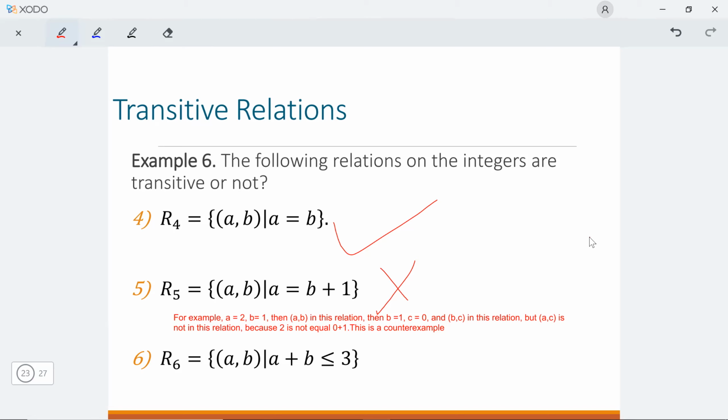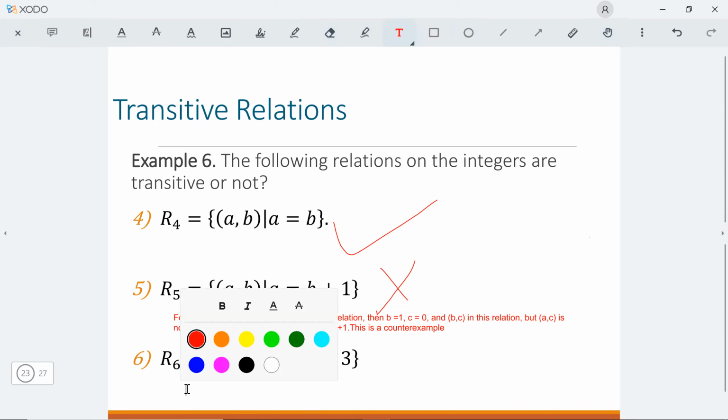And then we also need to find a counterexample. For this one, if we have AB in this relation, for example, we can have the value of A equal 2 and the value of B equal 1, and then we find a C. For example, we can find C also equal 2. So we can write this counterexample as A equal 2, B equal 1, C equal 2.